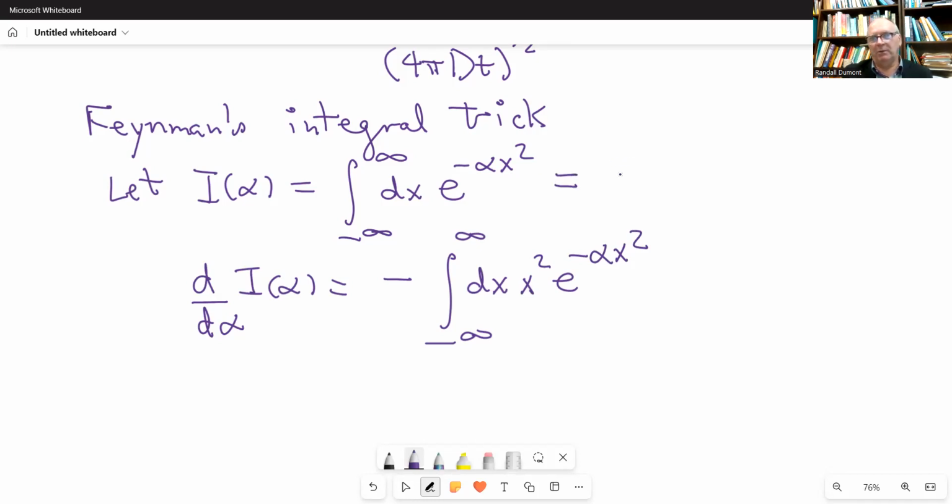That's the Gaussian integral that I referred to before. We know that that is equal to the square root of pi over alpha. Well, I'm going to write it like this: pi to the 1/2, alpha to the minus 1/2.